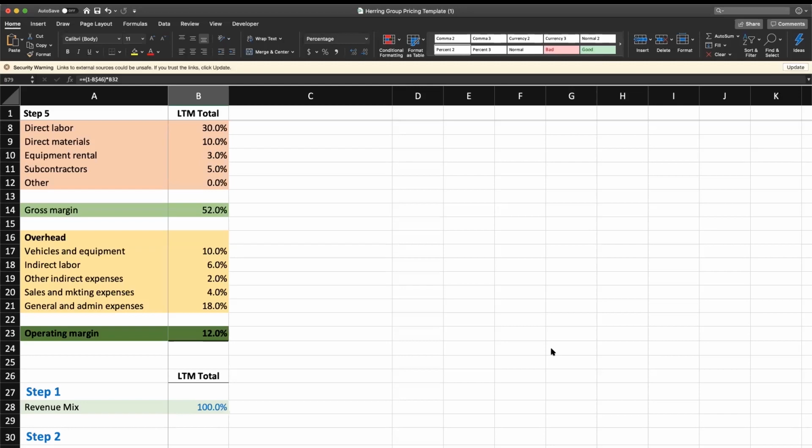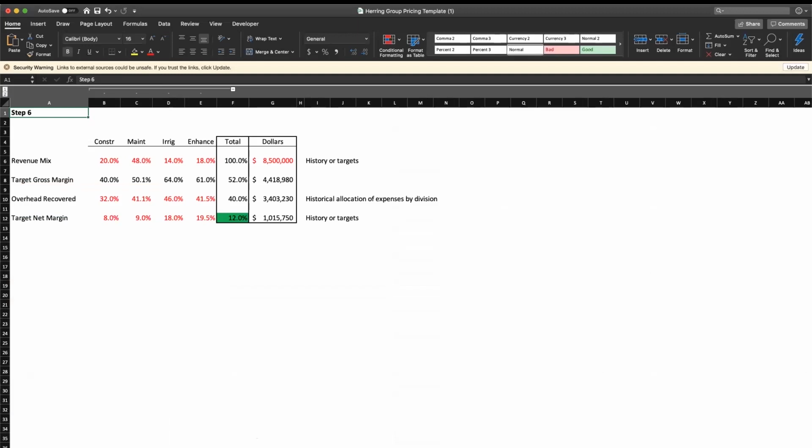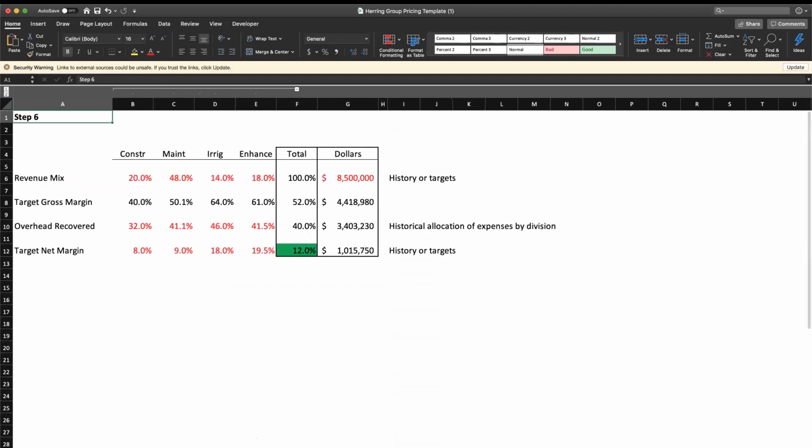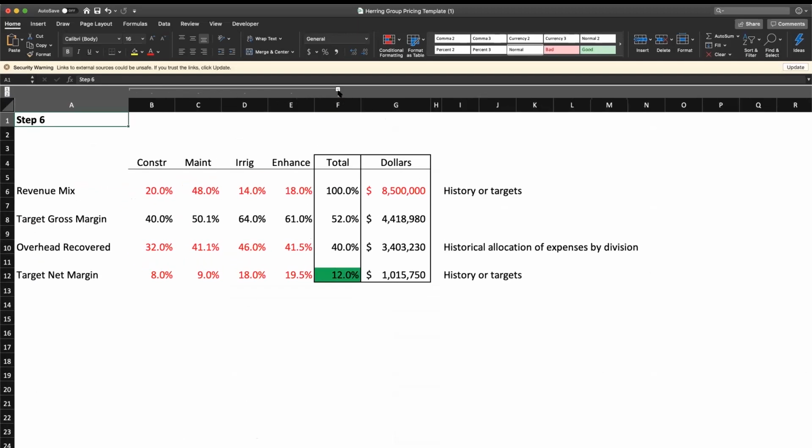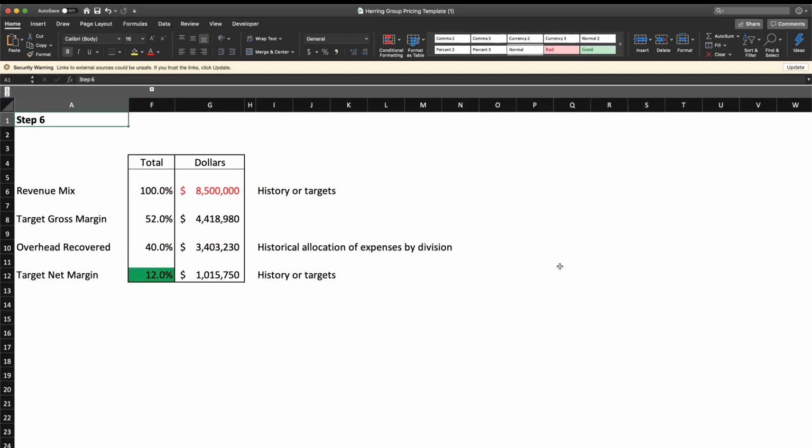All right, so let me go back to the Excel spreadsheet. I'm going to click on the tab called Profit Model, and let me blow that up a little bit. So when most people look at their total performance, they're looking at something like this, right?